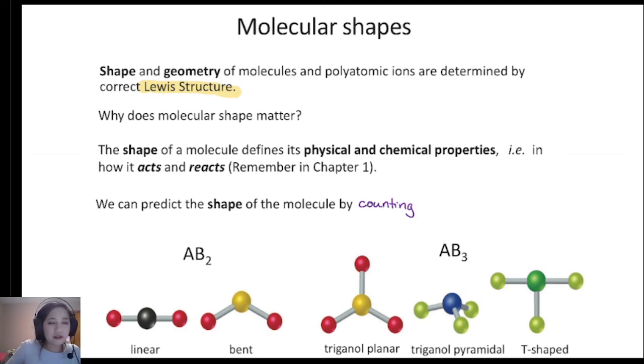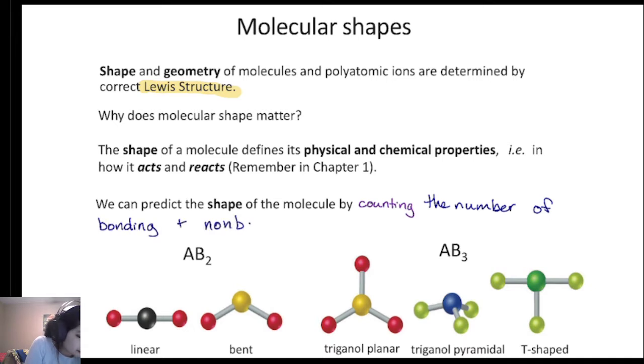To dive deeper into how we determine the shape of molecules, we can predict the shape by a very systematic approach. The important skill you need to know when determining shapes of molecules is counting the number of bonding and non-bonding electron pairs.